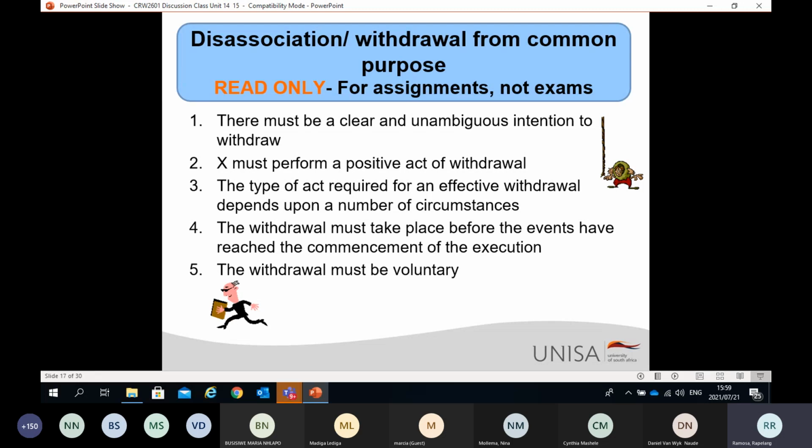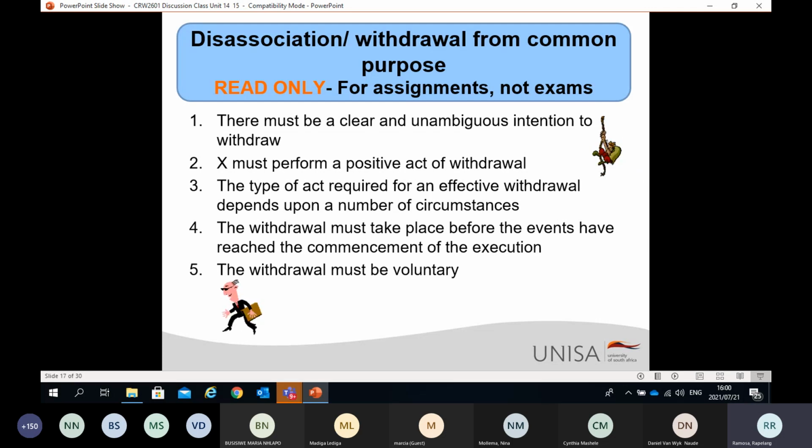It will not be examinable, but it will be very interesting to know how, just as much as it can be impossible to prove that somebody was part of a common purpose, it can also prove challenging in certain instances to establish that somebody actually withdrew from a common purpose.